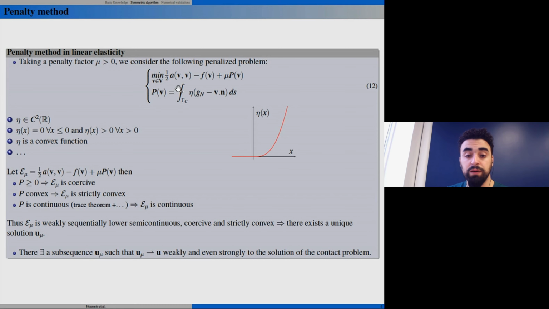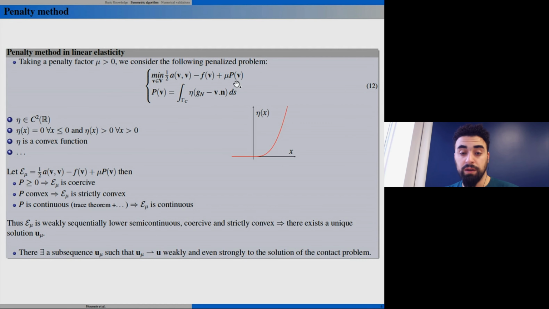For example, here we will use a penalty functional P in order to penalize our penetration. In the case of linear elasticity, we'll minimize an energy 1/2 a(v,v) minus f(v) plus a penalty factor, which has to be big, multiplied by the penalty functional P(v).